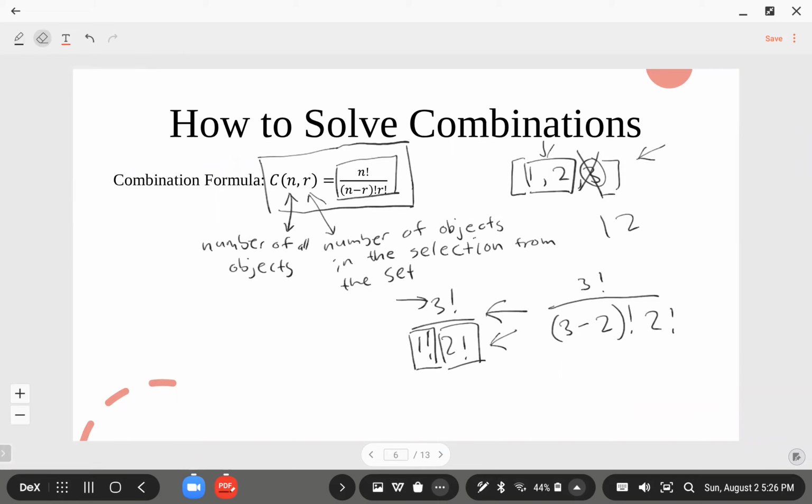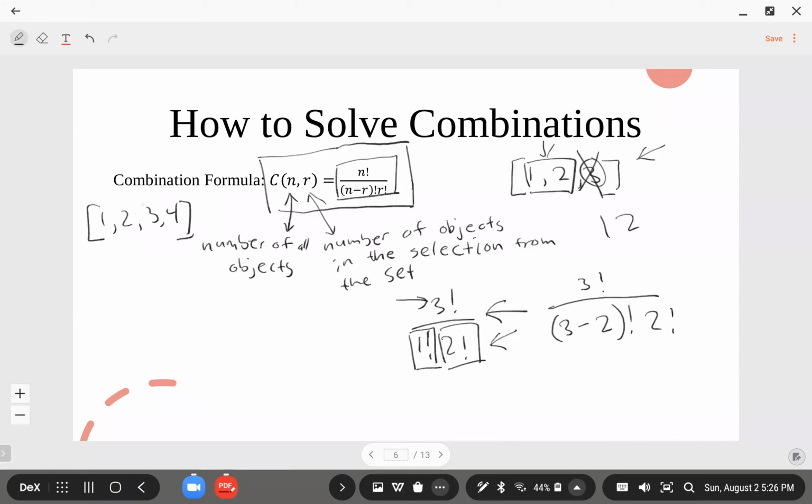So to further your understanding, let's try another example. This time we're dealing with just 1, 2, 3, and 4. Can you please use the combination formula to solve this problem?